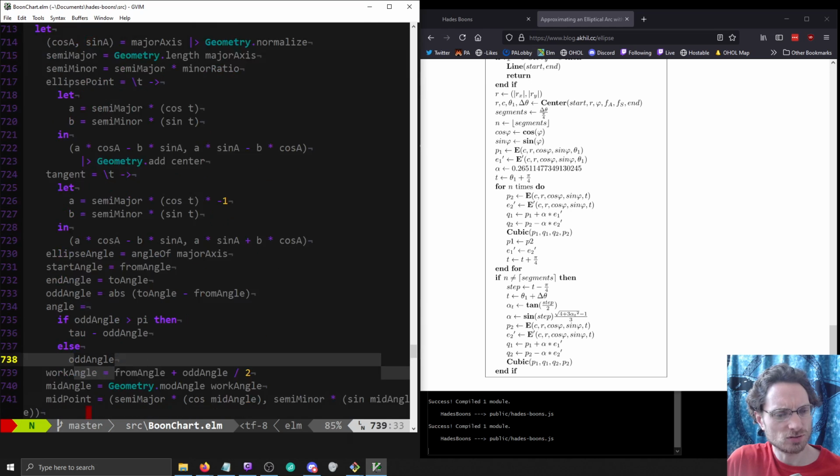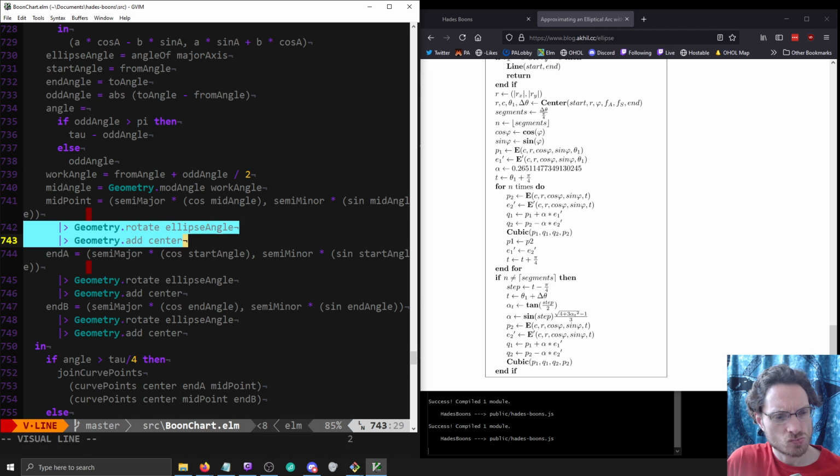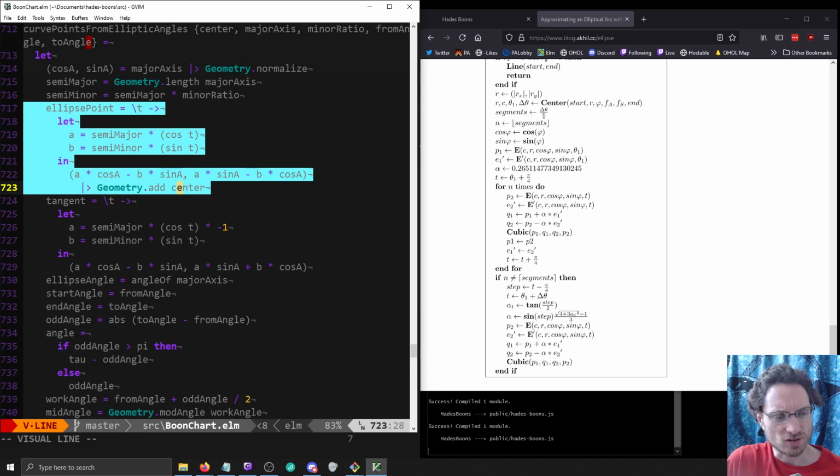Oh, so this is actually... So that's the same as this. Right, yeah, so if we have a shared point, that'll be the same. The tangent at the midpoint will also be the same.